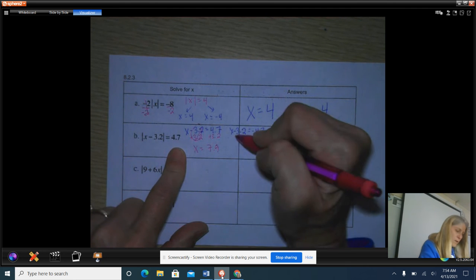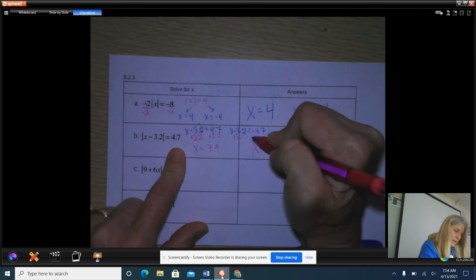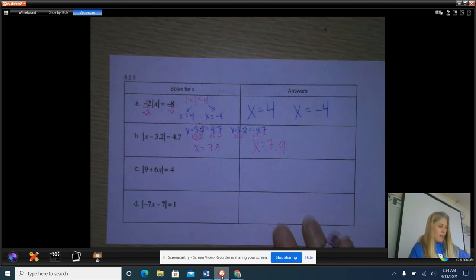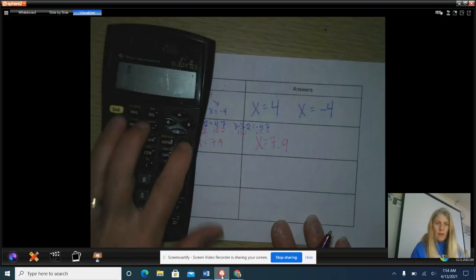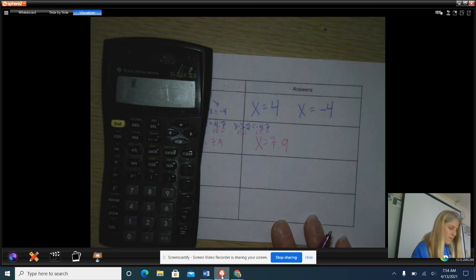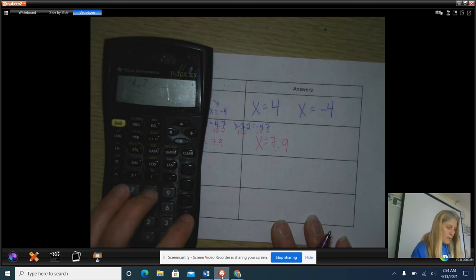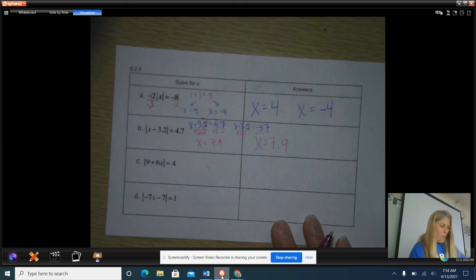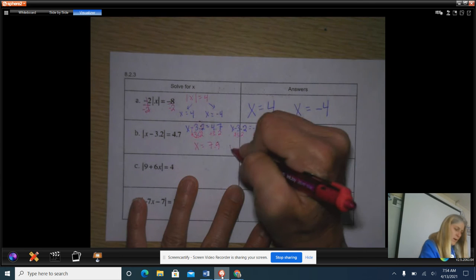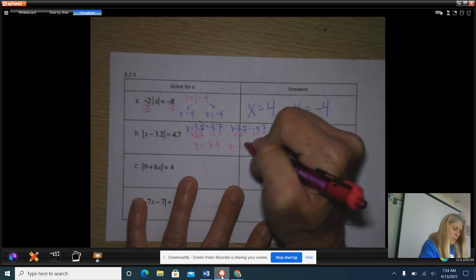Our second one here, we're going to add 3.2 to both sides. And I'm going to go ahead and use my calculator. We have -4.7 plus 3.2, and that is -1.5. So our second x is -1.5.